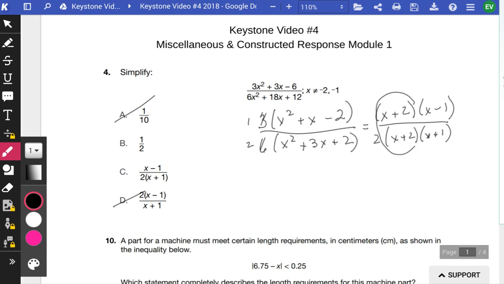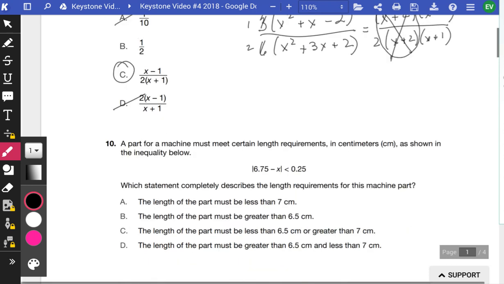Because we have an x plus 2 in both our numerator and denominator, those will cancel. So we have an x minus 1 in our numerator, x plus 1 in our denominator, so C is the correct answer. Again, we haven't looked at factoring polynomials yet, but hopefully we will later on this year. So pay attention and we'll get back to that one.